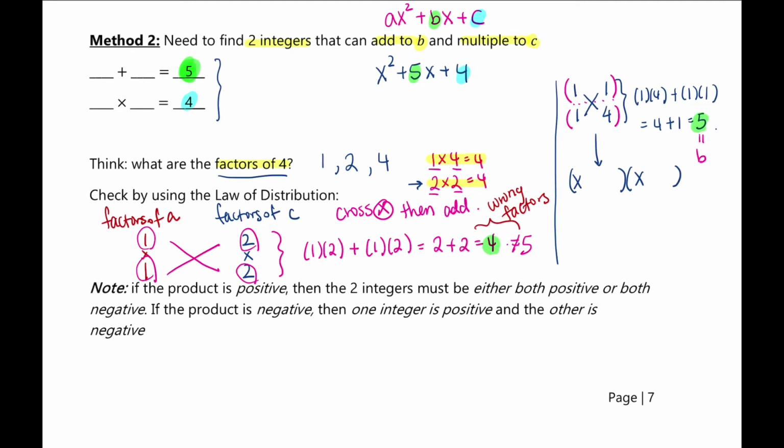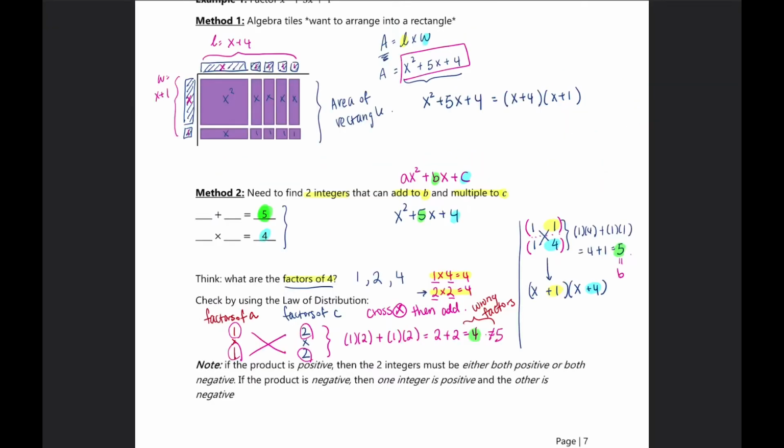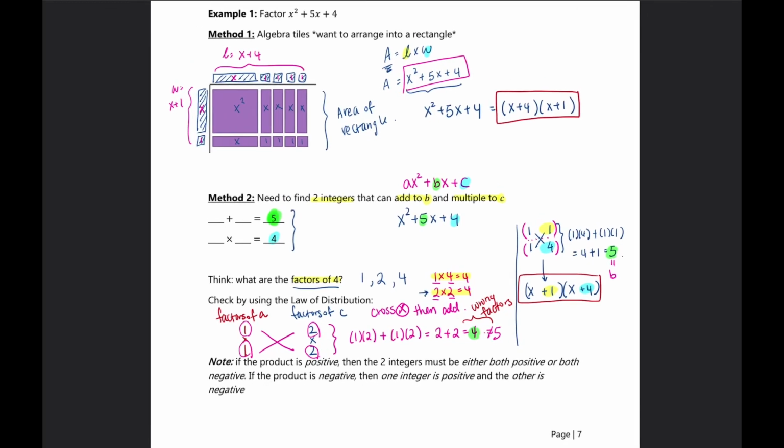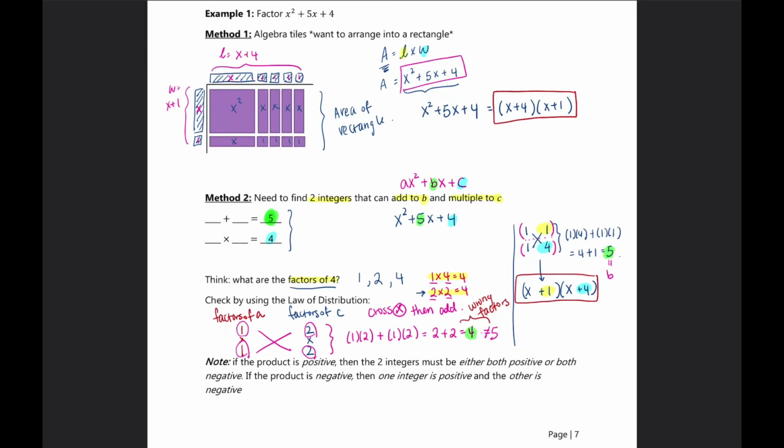We will carry over this portion over here and this portion over here. So we have positive 1 here and positive 4 here. Notice that this expression equals this expression. We have confirmed that the factored form of x squared plus 5x plus 4 is equal to x plus 4 times x plus 1.